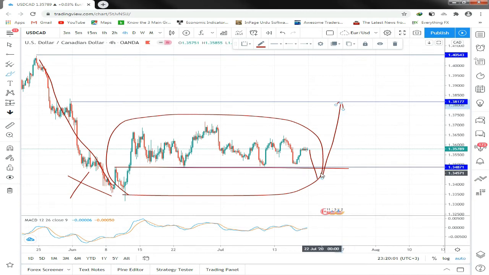So I am waiting for some kind of price action over this area before taking any long position. So these are my targets for the USDCAD. All my view about the USDCAD is still an upside move.